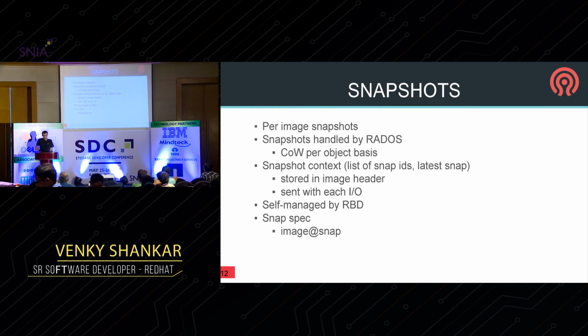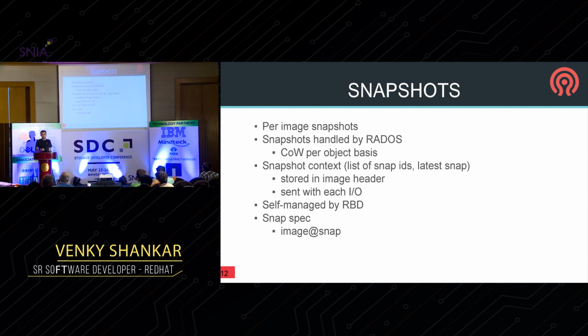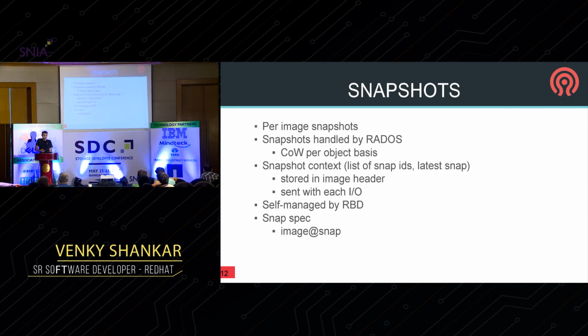Normally you generate this snap ID by consulting the monitor, which is incremental. So you'll start with snap ID 2, 3, and incrementally go. You provide the snapshot context and the latest snap ID to librados, which trickles down all the way to the OSDs for that particular object.